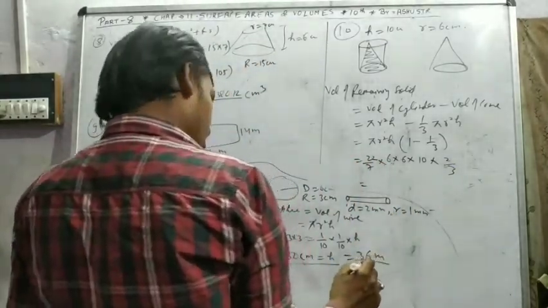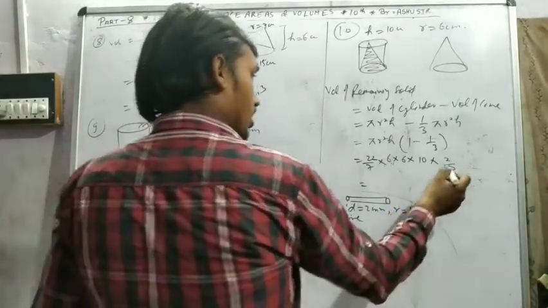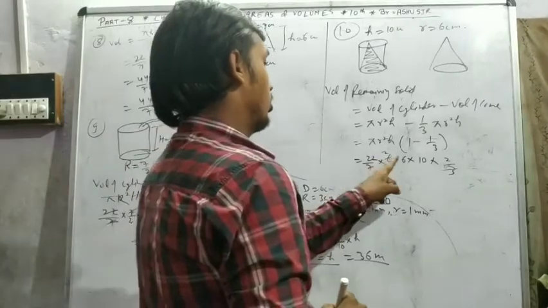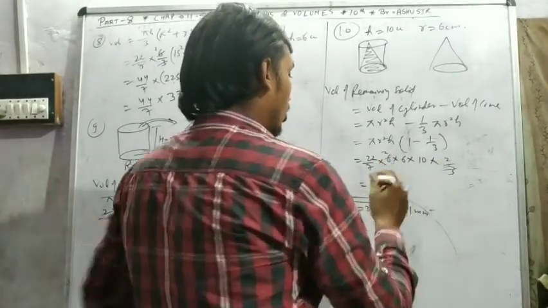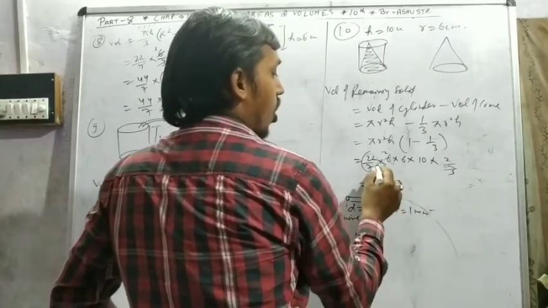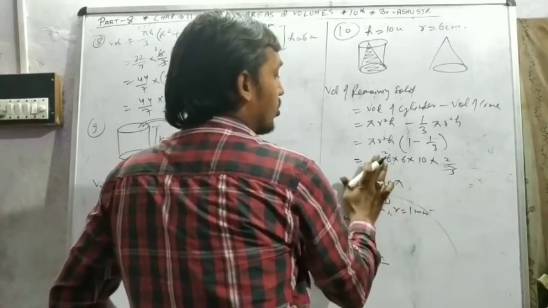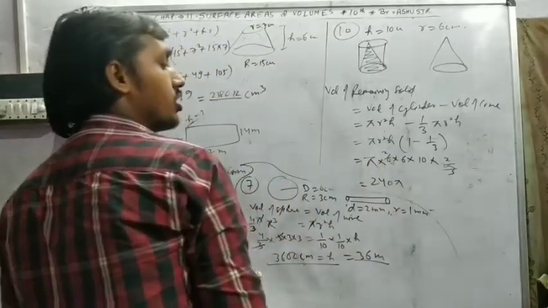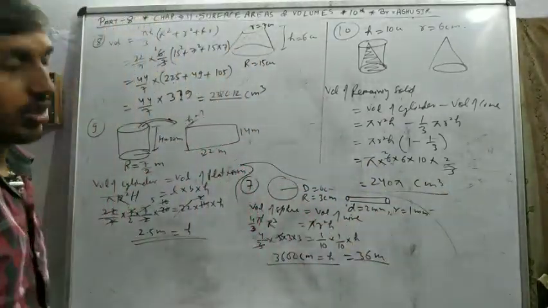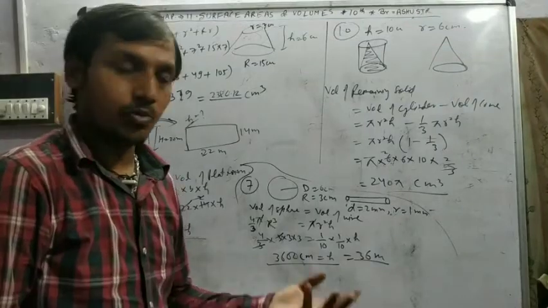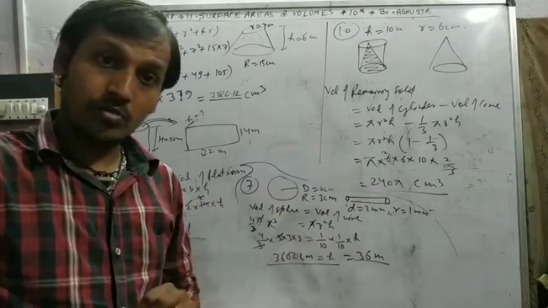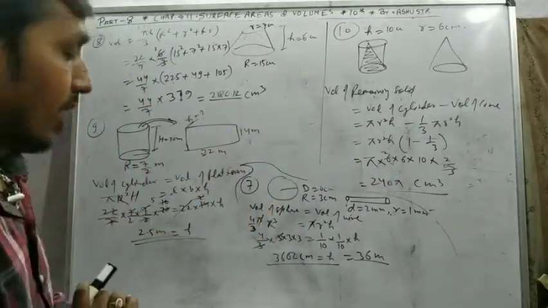So you can say 3 over 6, so 6 into 2 is 12, into 10 is 240 pi. Or you can leave it, if you do not put the value of pi, because in these questions the value of pi is not given, so that's your choice. If the answer is given in pi form, I will take the pain of solving. We will leave the answer in pi form.